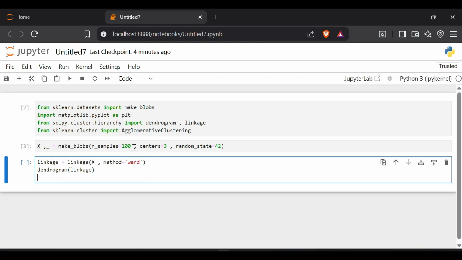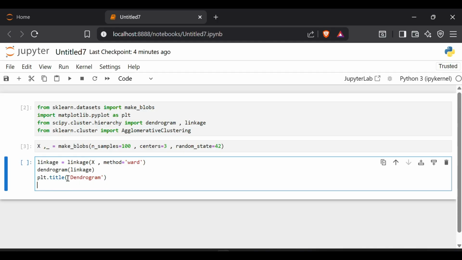Okay, so now we will give the title. So plot dot title, we will give the dendrogram only. Just copy and pasting it here. Okay, so now we will show it.